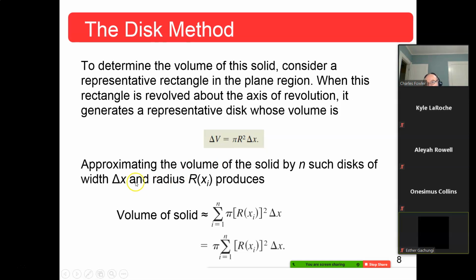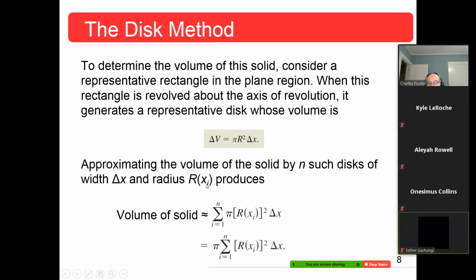Approximating the volume of the solid by n such disks with width delta x, each of those n disks has width delta x and radius r of x sub i.